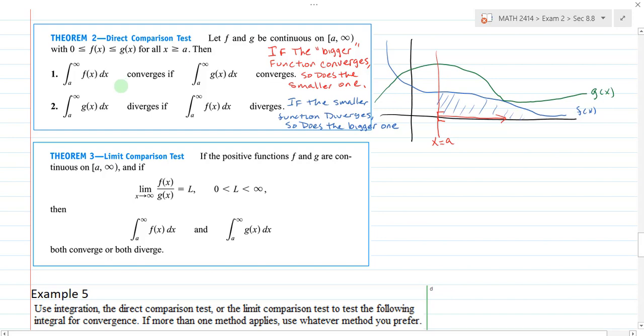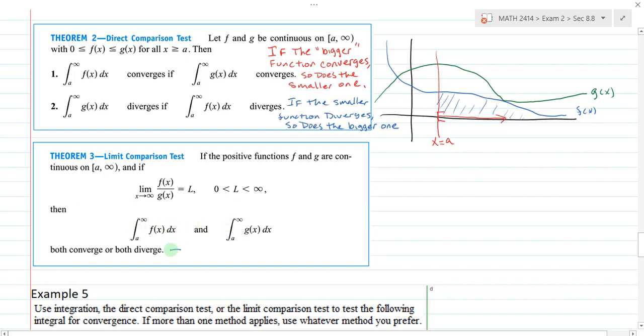This is also going to be a test that we use in Chapter 10 to check convergence of infinite series. Theorem 3 is the limit comparison test. This says that if the positive functions f and g are continuous on an interval from a to infinity, and if the limit as x goes to infinity of the ratio of these two functions is equal to a positive finite number, then both of the integrals either converge or diverge.